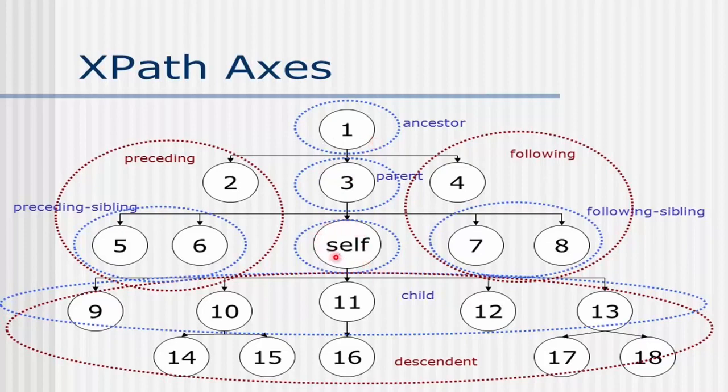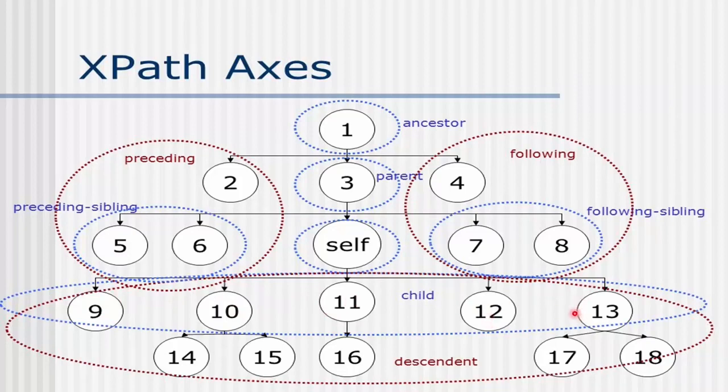Now if you keep yourself over here, your children, that is 9, 10, 11, 12 and 13, these are the child nodes that are present over here. Okay, this is you. The one above you is your parent and your parent's parent is your ancestor. And your children are your child nodes, that is 9, 10, 11, 12 and 13.